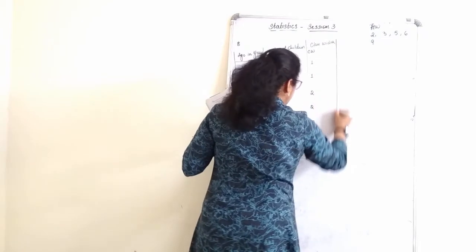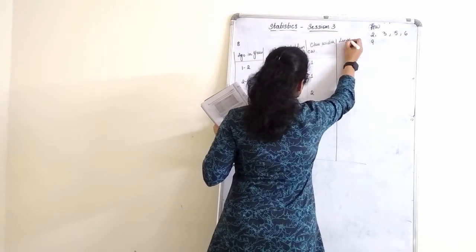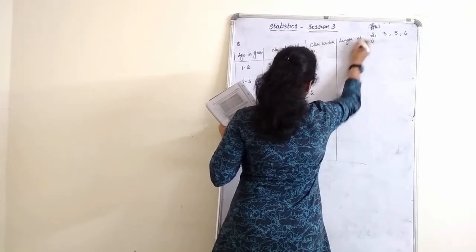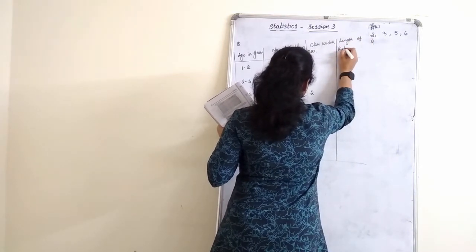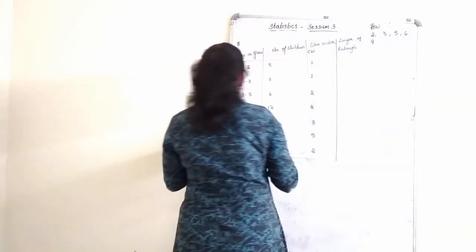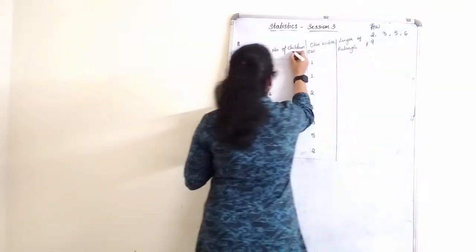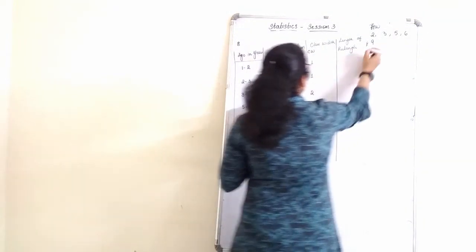Okay. The next column will be length of rectangle. Length of rectangle formula is given by frequency. Number of children is nothing but frequency.